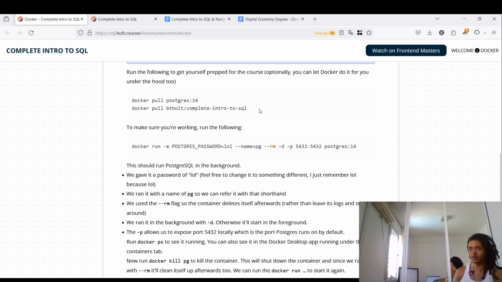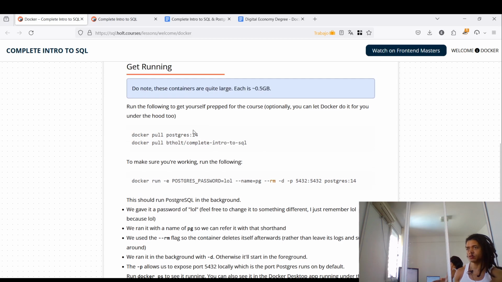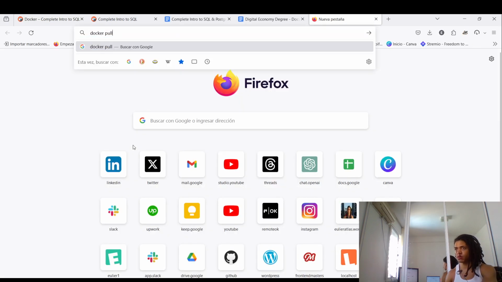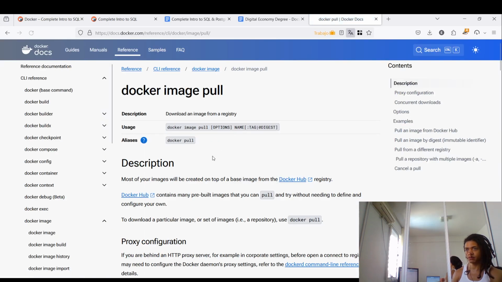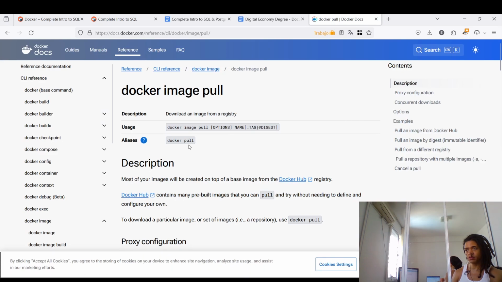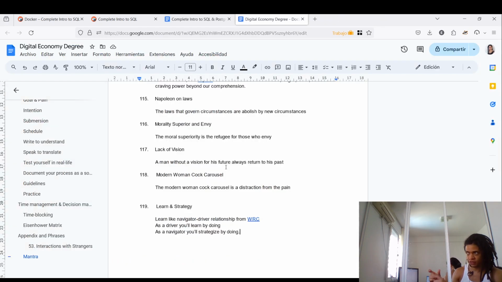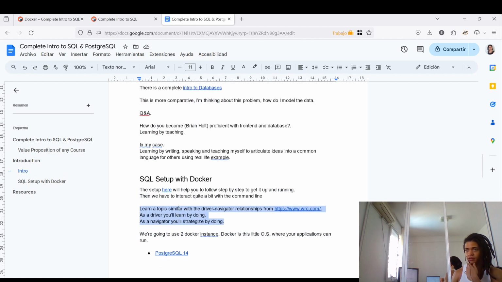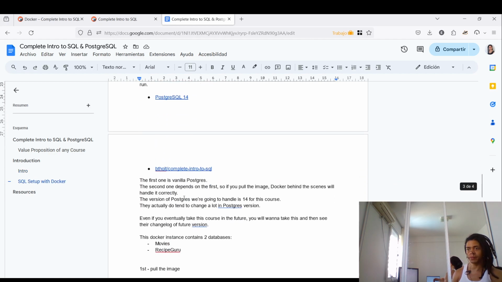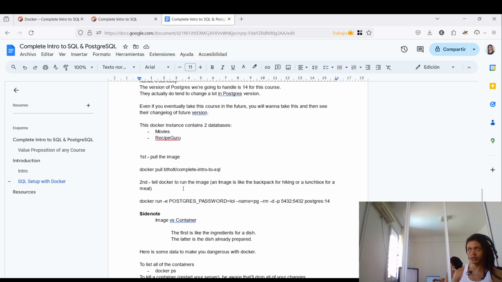When you say docker pull, you're pulling all of this recipe, all of the necessary libraries that it needs. After that, you create your dish, which is the container.